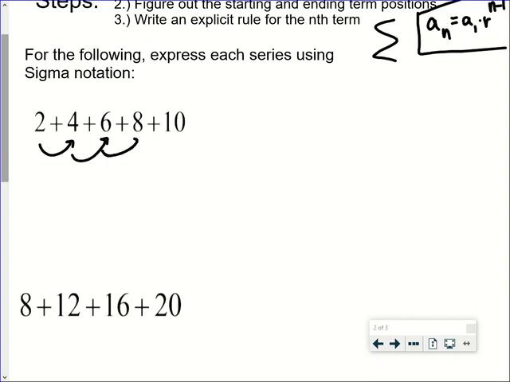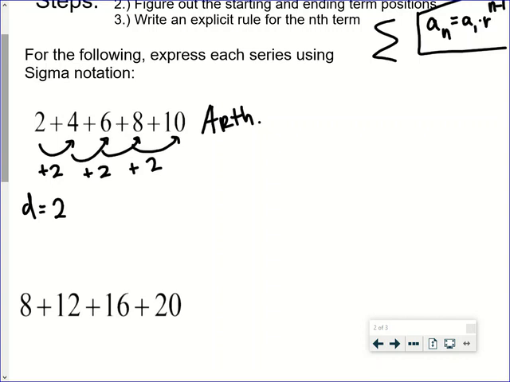So while you're looking at your terms, how are we getting from 2 to 4 to 6 to 8 to 10? I'm hoping that it's pretty obvious that we're doing plus 2 every time. So since we're adding 2, this is an arithmetic series. So since it's arithmetic, that means our D is going to equal 2, where that plus 2 comes from.